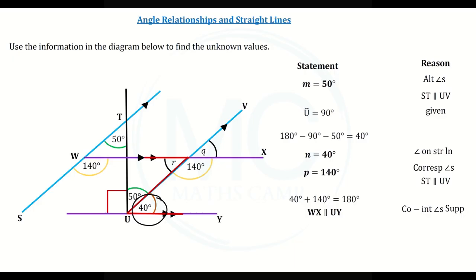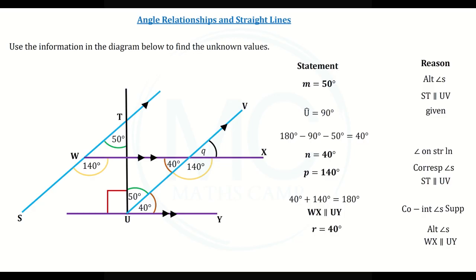So they are alternate angles. And we can say that R is equal to 40 degrees because alternate angles are equal. And the reason why these alternate angles are equal is because WX is parallel to UY. Now we can take out our Z shape. Let's make our angle orange. Then we can take out R and write down 40 degrees.